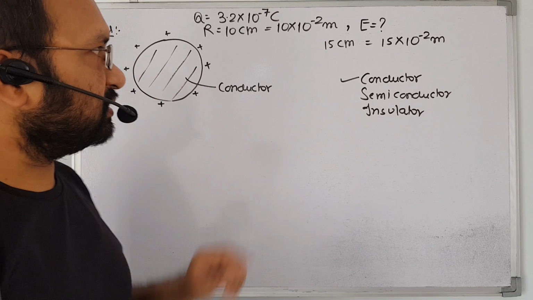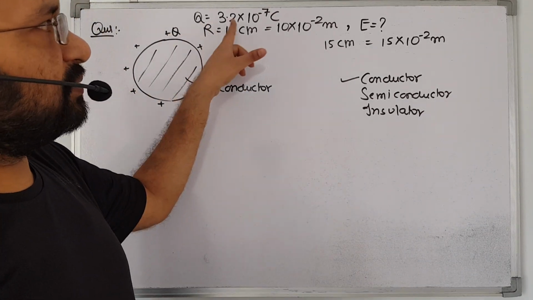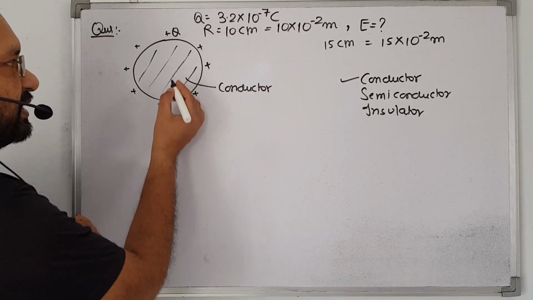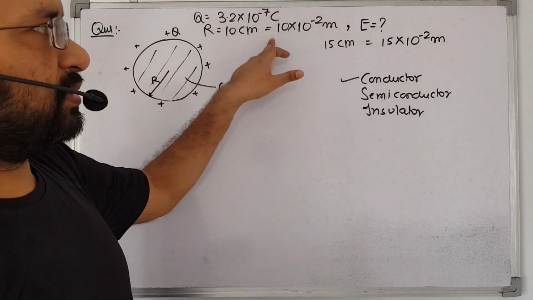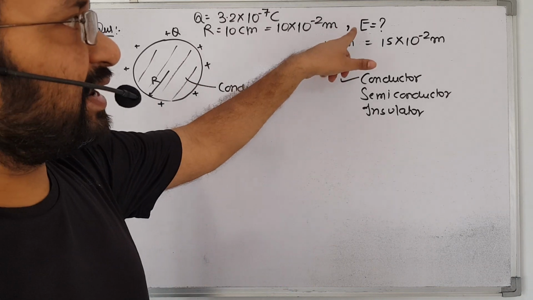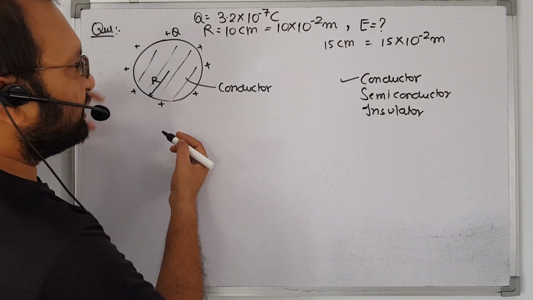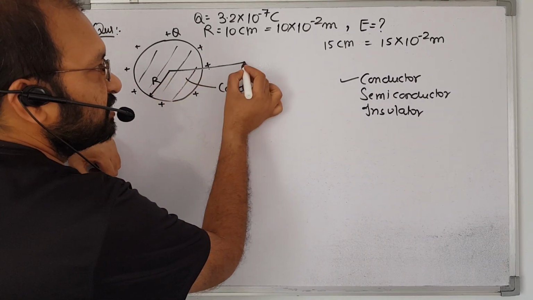The total charge given to us is 3.2 × 10^-7 coulomb, and the radius is 10 centimeter, which is 10 × 10^-2. We have been asked to find the electric field at 15 centimeter. The radius is 10 centimeter, so obviously 15 centimeter will be outside the sphere.